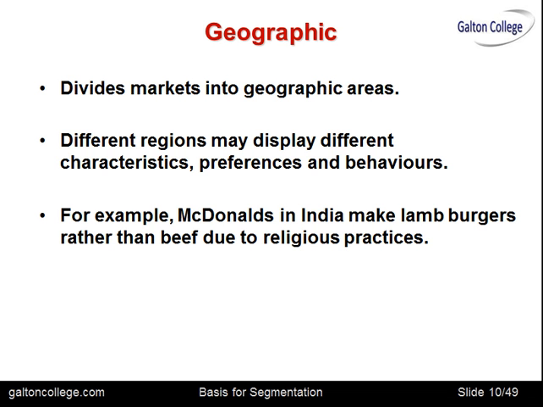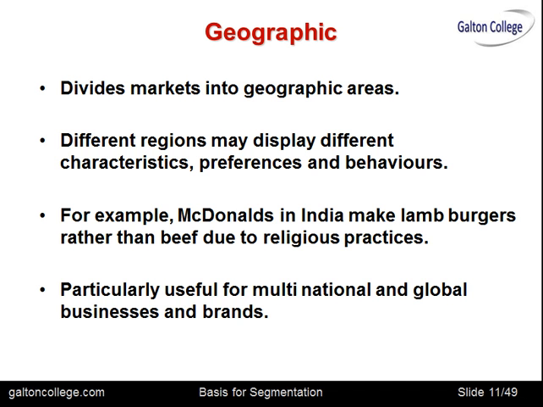I read somewhere that McDonald's in India make lamb burgers rather than beef burgers due to religious practices. So they still have McDonald's, but it's different. It's been changed because of geography. So the beef burger has become a lamb burger to meet local requirements.